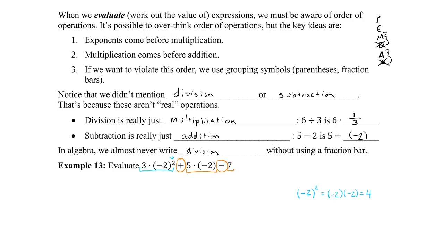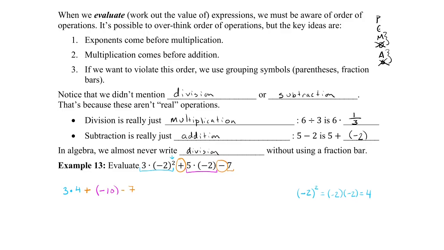And so in our first piece here, we'll have 3 times 4. Now in our second piece, there aren't any exponents. So we just have 5 times -2. A positive times a negative is going to be negative. So that second piece is -10. And then our third piece is just a 7.